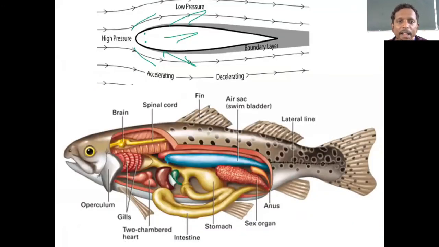And in this diagram I showed you a schematic representation of how a streamlined body will be. I want you to concentrate here, dear students. In this region, can you see a blue colored structure? I will encircle it. That is the air bladder, which gives the fish buoyancy.